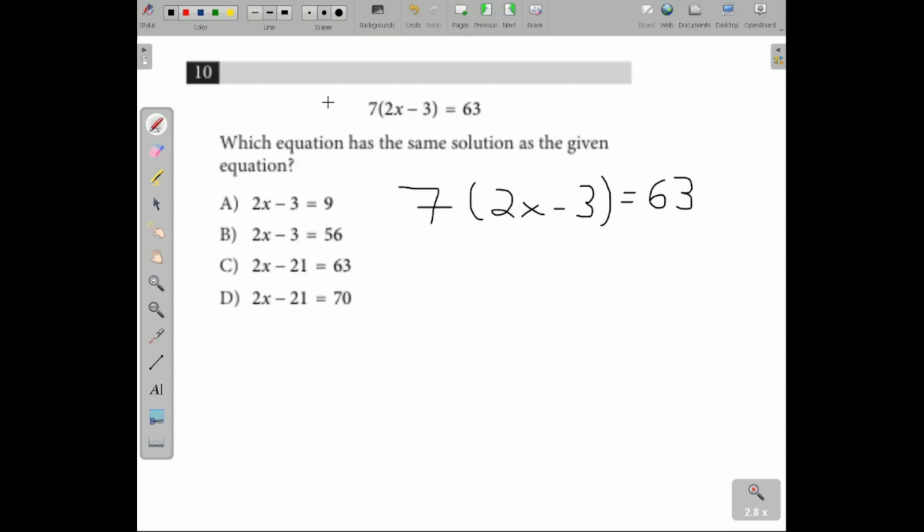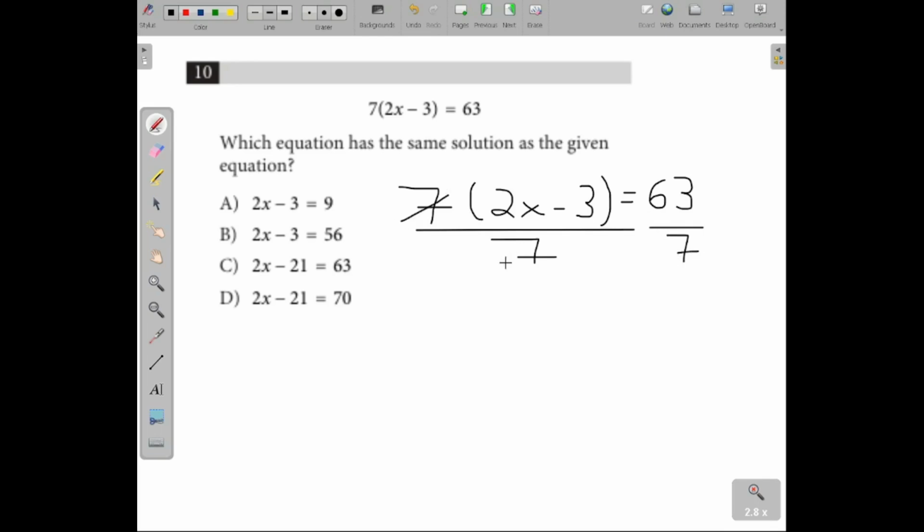Number 10. 7 parentheses 2x minus 3 equal to 63. Which equation has the same solution as the given equation? So we have this equation and we have to simplify it. First, we can divide the whole equation by 7, or the two terms.